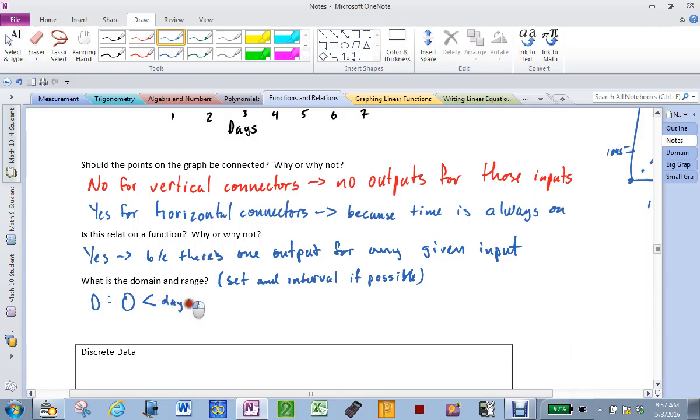Days. What's the maximum? Can I rent the vehicle for 7 days? So is there an equal sign? Yes. Now put that.